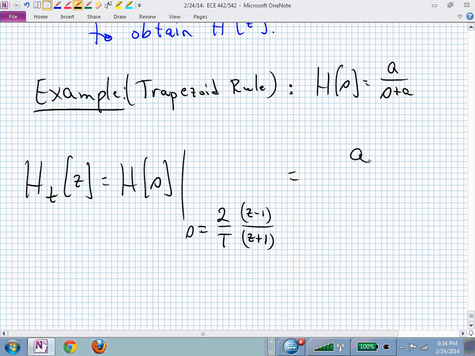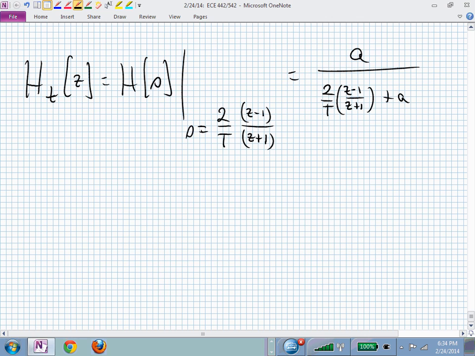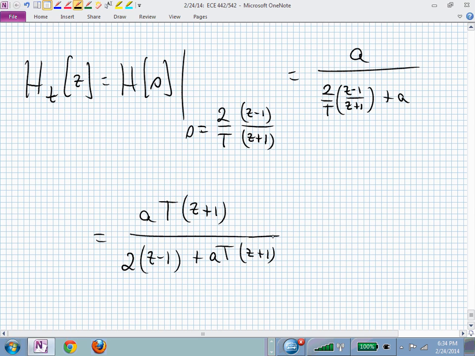So that now we have an A over 2 over T, z minus 1 over z plus 1, plus A, and we can multiply by our favorite 1, which in this case might be T times the quantity z plus 1 over T times the quantity z plus 1, or something to that effect. And we have A T, z plus 1, over 2, z minus 1, plus A T, z plus 1.